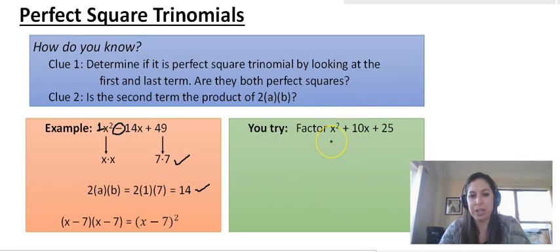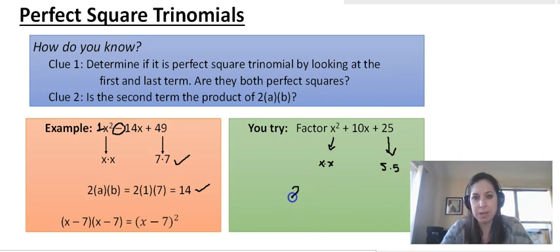So let's try an example together. If we have x squared plus 10x plus 25, so the first thing, x squared, again, is the same thing as x times x, so that's a perfect square. 25 is the same thing as 5 times 5, perfect square. So check one. All right, now let's check to make sure our second term is the product of 2 times a times b. So a again in this one is 1, times my b of 5.